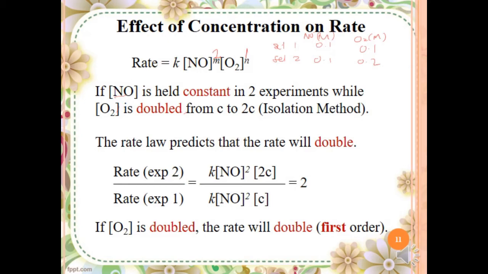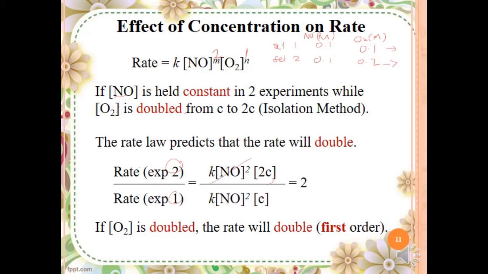Okay, so when we write the ratio, the rate obtained from set 1 and the rate obtained from set 2, this is what we get, experiment 2 and experiment 1. This one is constant, the concentration of oxygen is doubled, so you have 2C and C here.